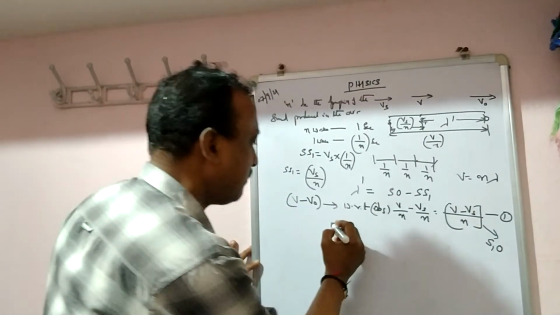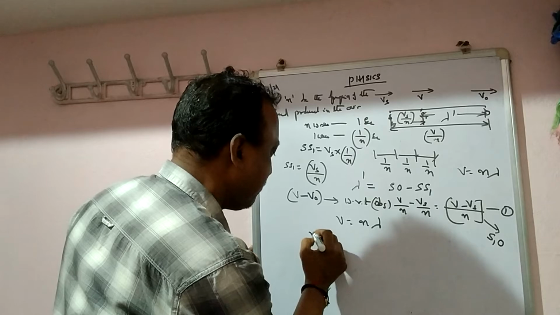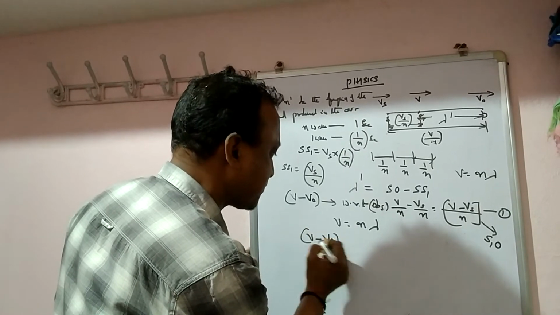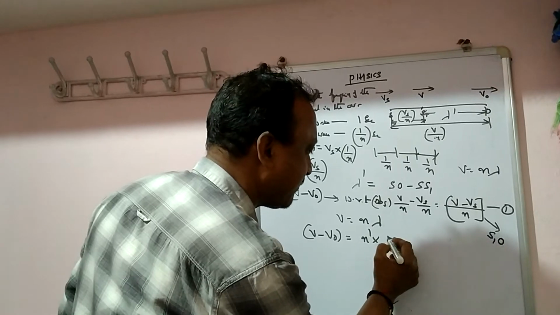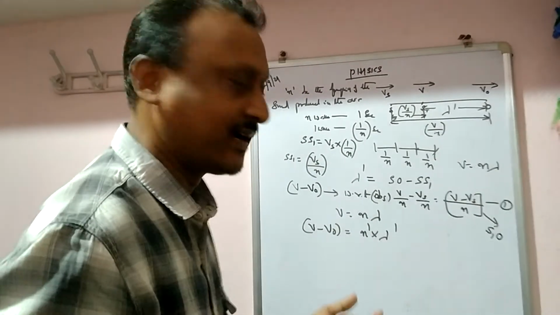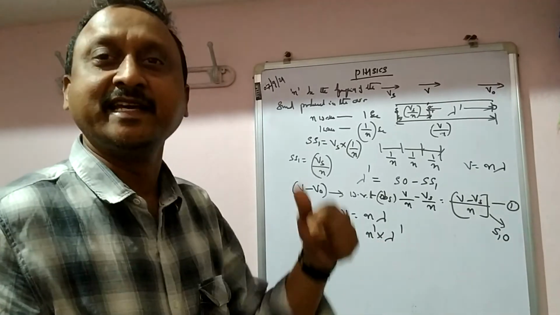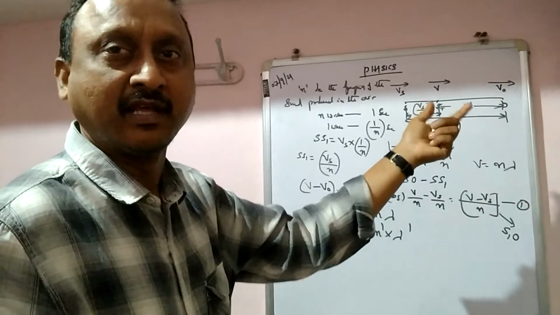But we know V is equal to n lambda. Therefore V minus V0 is equal to n dash into lambda dash, because the apparent wavelength is already calculated, where n dash is the apparent frequency due to the relative motion between the source of sound and the observer.